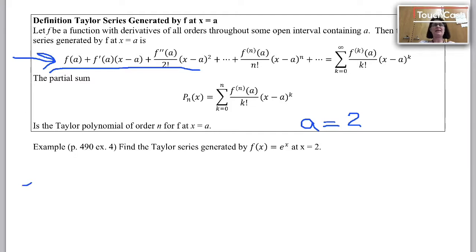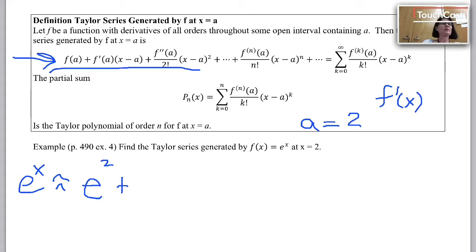So I'm going to write e to the x near places where x equals 2 is approximately equal to, actually if I end up making this infinite, then I'm going to be able to go back and change that to exactly equal to. But f of x is e to the x, so f of a is e to the 2, so e squared, plus f prime of x.